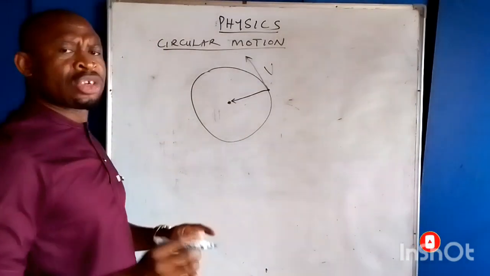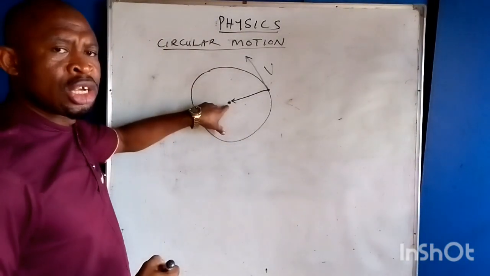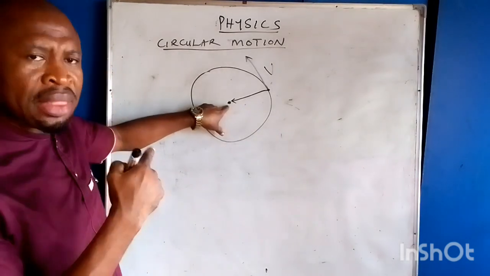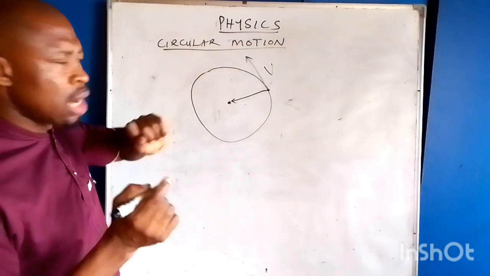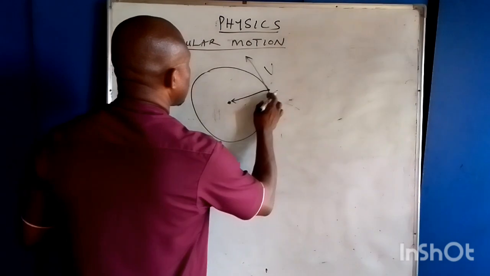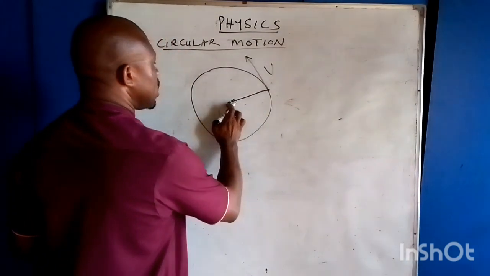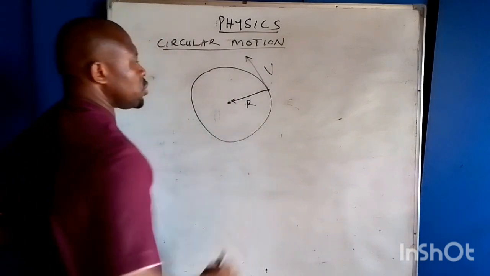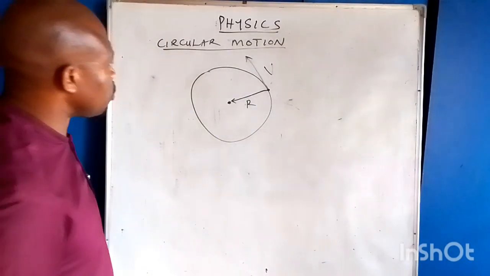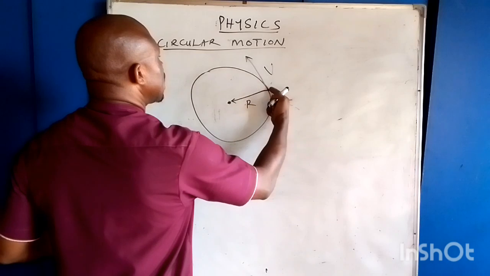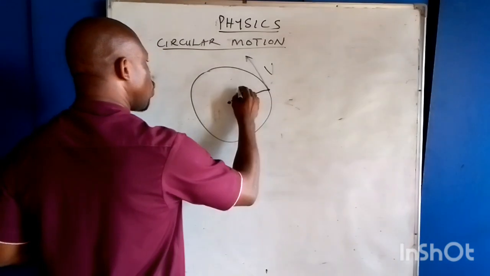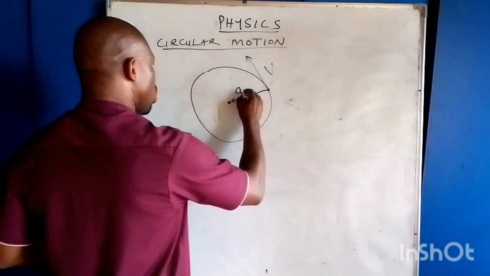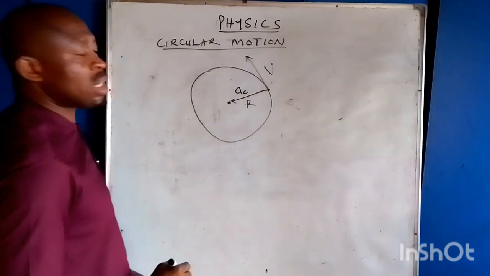Now, the acceleration is always directed towards the center of the circle. Of course, if here is the center, the distance from here to here is known as the radius of a circle. The acceleration is directed inwards towards the center.